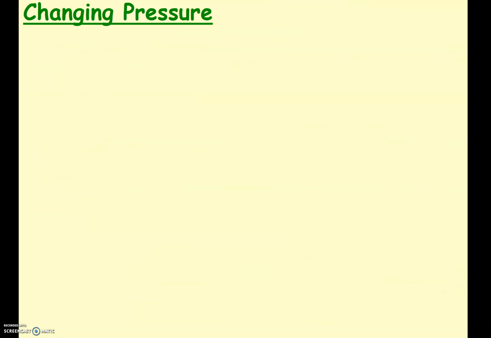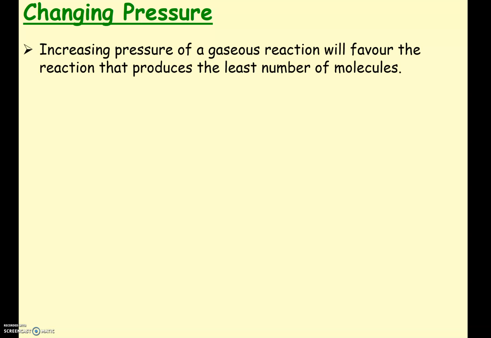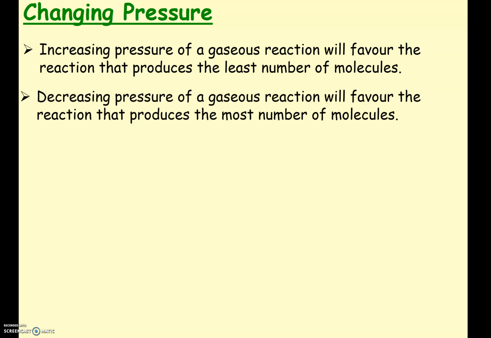The second stress we look at is pressure. If you increase the pressure of a gaseous reaction, it will favour the reaction that produces the least number of molecules, while if you decrease the pressure, it favours the reaction that produces the most number of molecules.